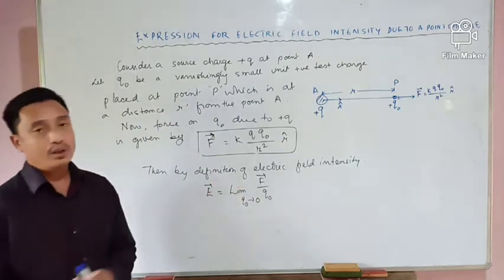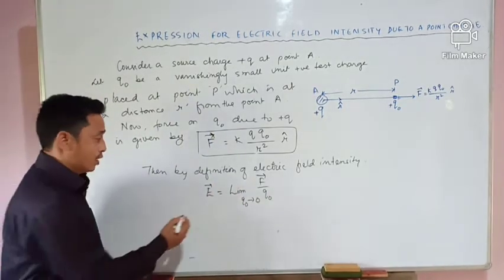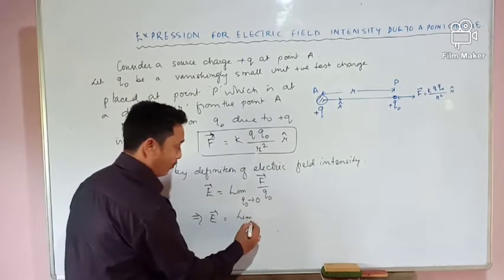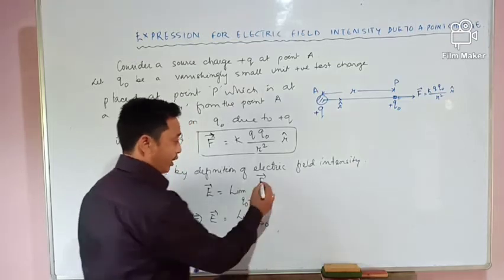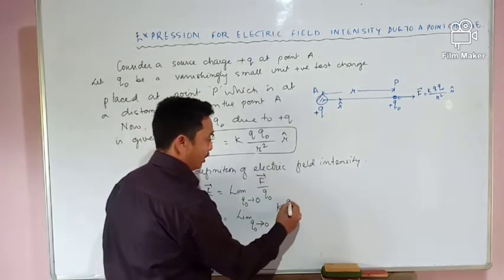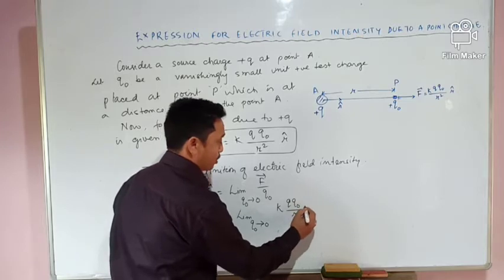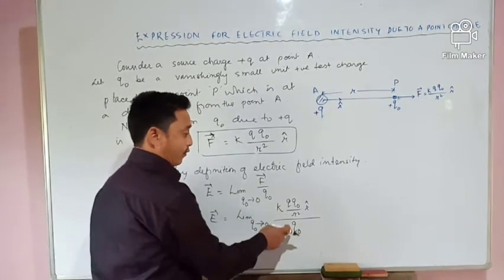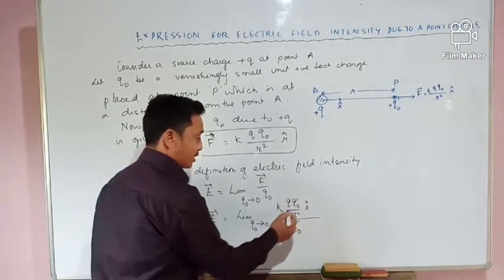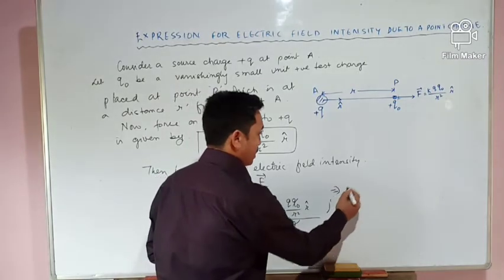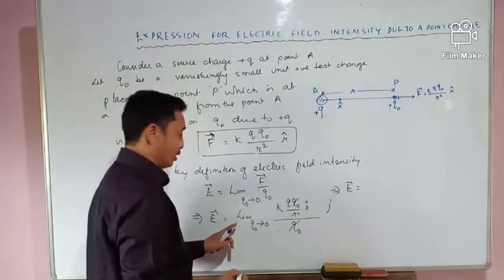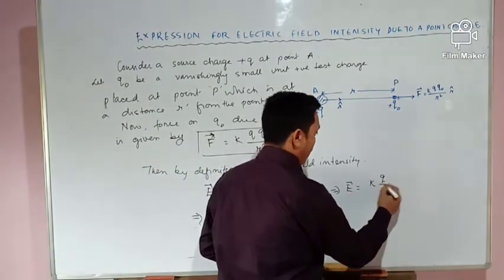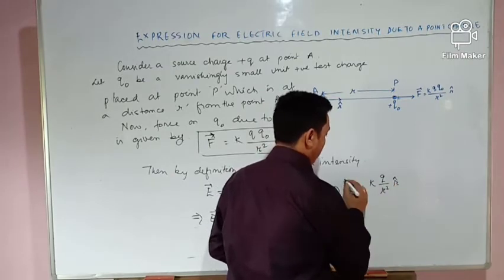This implies E vector is equal to limit of Q naught tends to 0 of K Q Q naught by R square, R unit vector, divided by Q naught. The Q naught cancels out, so it is only K Q by R square, R unit vector.